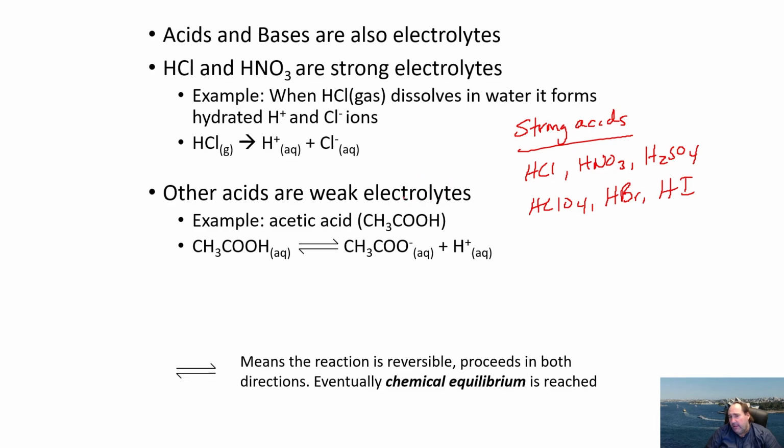These are a good list here of some strong acids. Some strong bases typically have hydroxide in them. And some strong bases can typically be found on the periodic table.